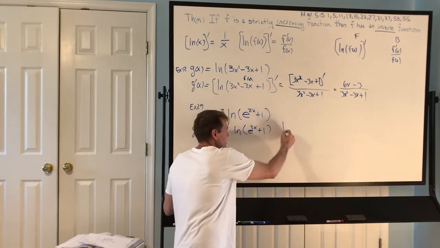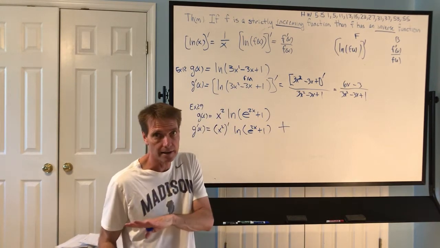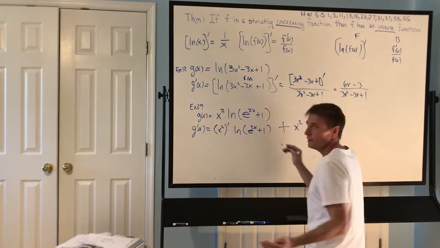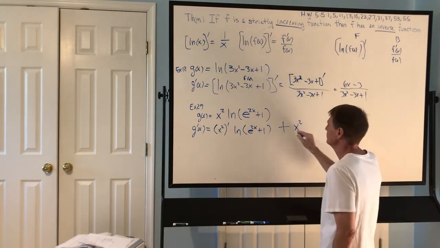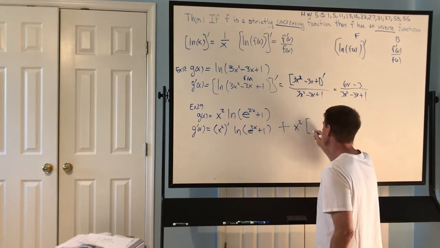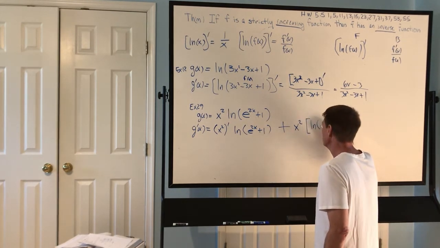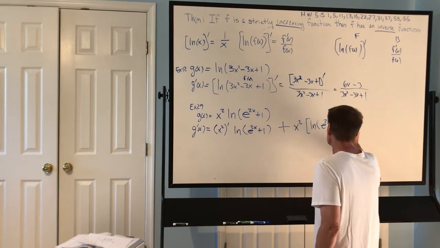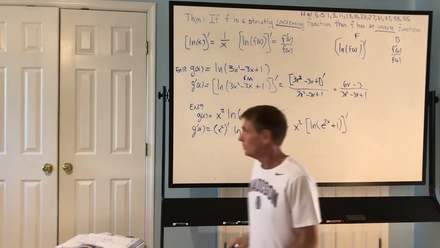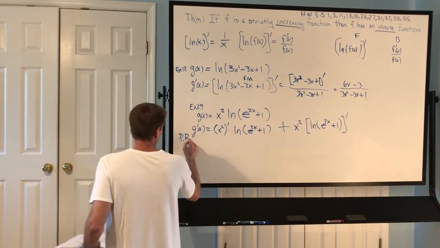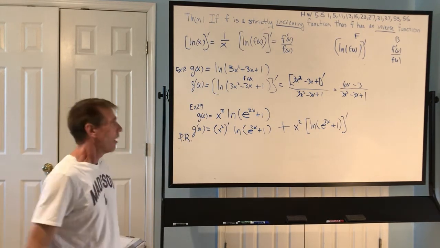Then there's a big plus sign. Then the derivative of the first times the second plus the first times the derivative of the second. So this was just product rule.